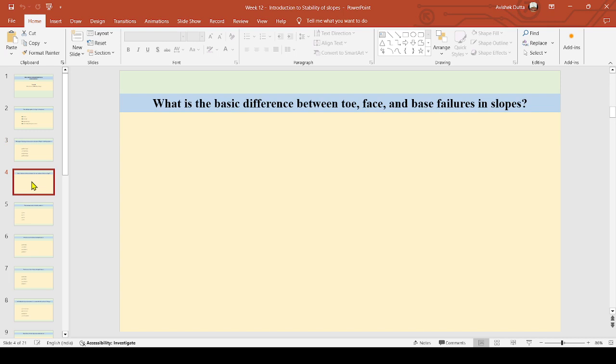What is the basic difference between toe, face and base failures in slopes?